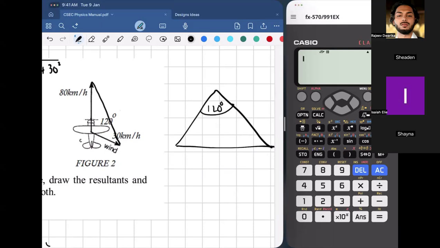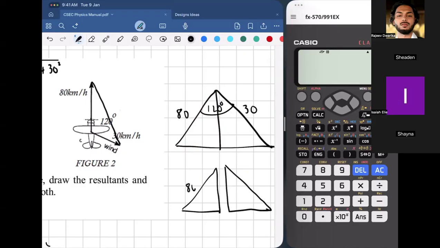If this is 80 and this is 30, what's gonna happen if you cut this in half? You're gonna end up with what kind of triangle? A right angle triangle, right? You'll end up with a right angle triangle, and you'll also end up with a right angle triangle over here.